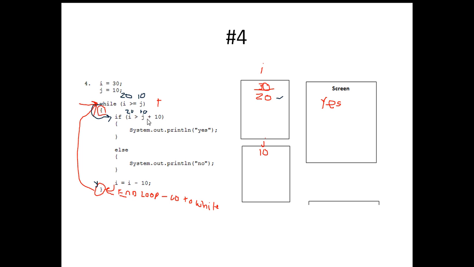Well, 20 is not greater than 20, so now this if statement is false. So all that tells us to do is not do the if portion. Instead, we go to the else. The else says to print out the word no. And so now we're going to print no.